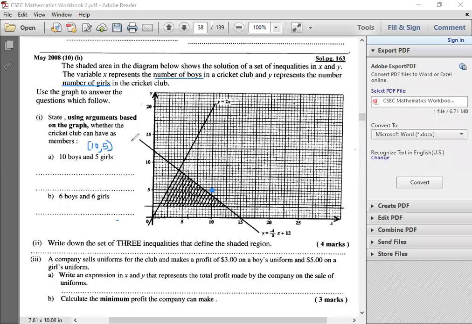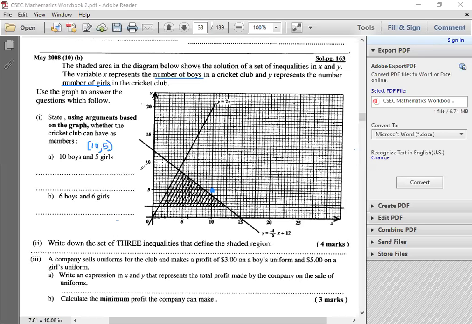All right, the first thing you need to determine is whether the point (10, 5) falls within the shaded region. In order for the point to be true, it must fall within the shaded region.